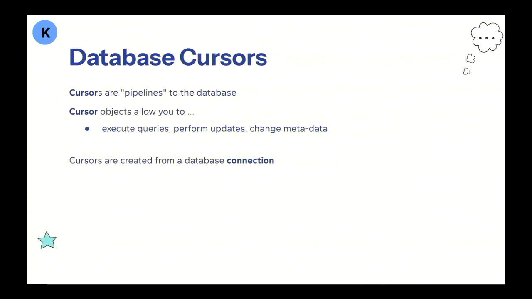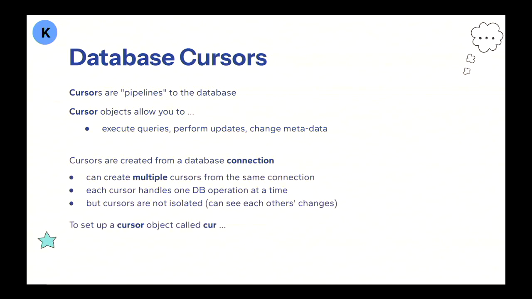So cursors in this library are created from a database connection, and we can create multiple cursors using the same connection. We just invoke the cursor method multiple times to create multiple cursors, and each cursor is in charge of handling one database operation at a time.